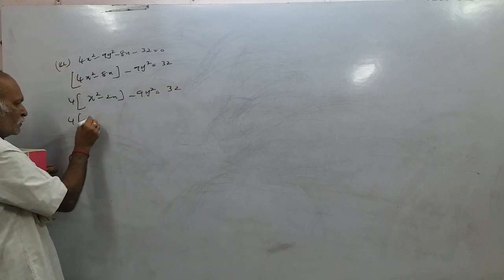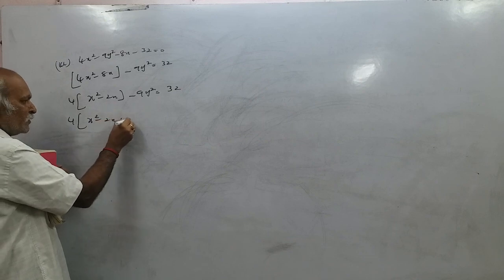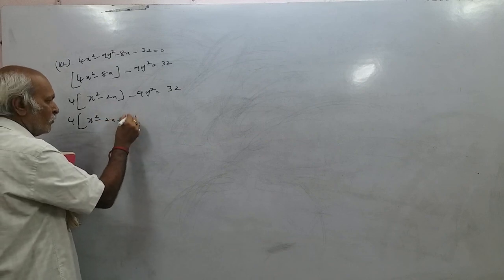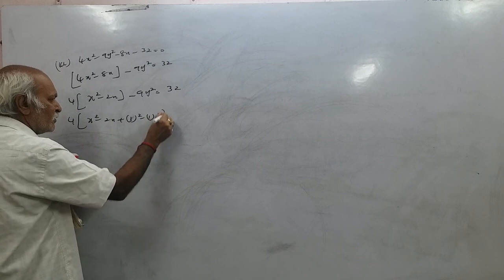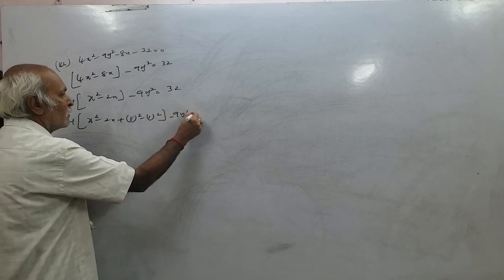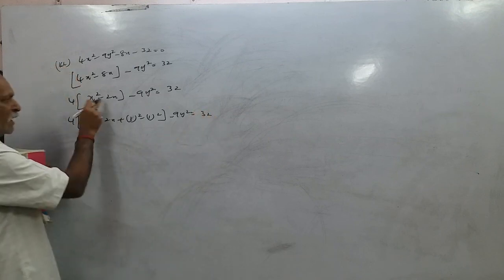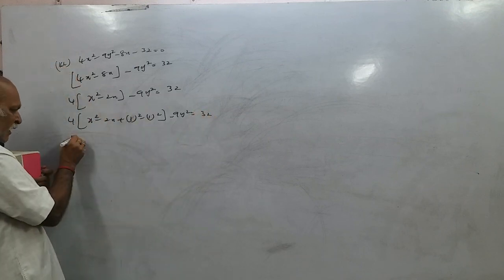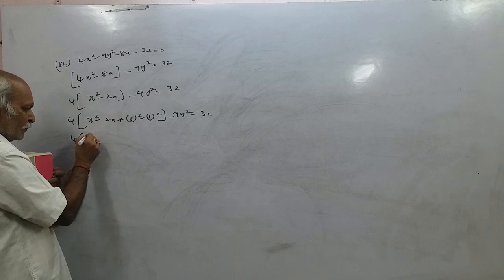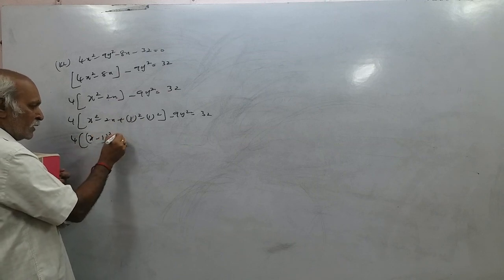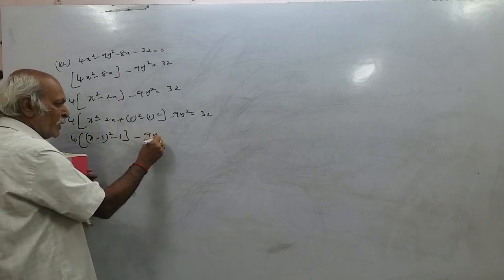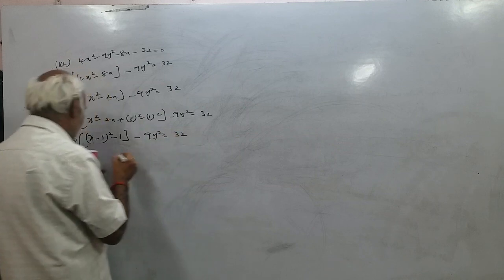So 4 into, add 1 square, subtract 1 square, like ellipse only, because half of 2 is 1. So x minus 1 whole square minus 1, minus 9y square is equal to 32. Open the bracket.